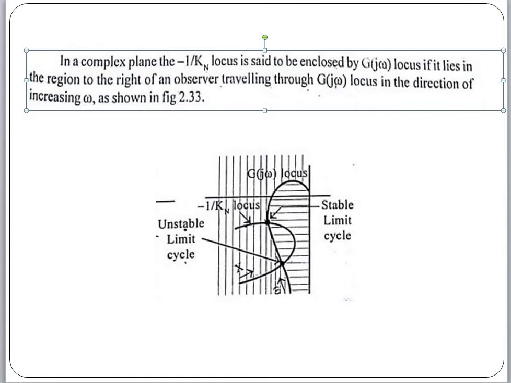So what do you mean by enclosing? That means if the minus 1 by Kn(x) locus is enclosed by the G(j omega) locus, it lies in the region to the right of an observer traveling through the G(j omega) locus in the direction of increasing omega.